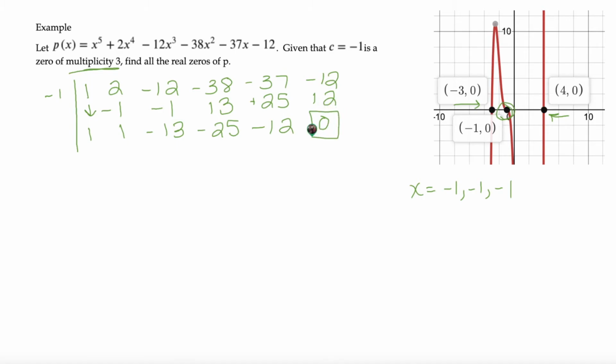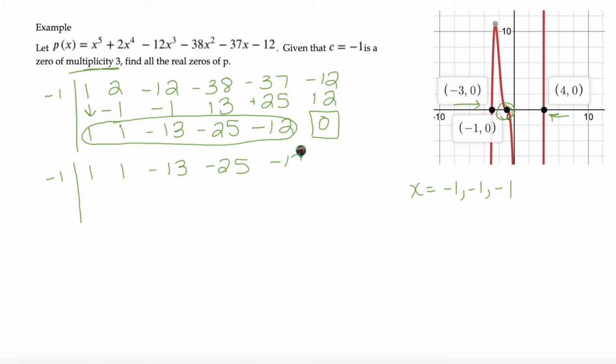Again, shouldn't surprise us. We know that it has a multiplicity of 3, so I can do this again. Using my reduced polynomial here, we can reduce it even further. Yes, I know we can visually see what they are, but just to get an idea. Always bring down the 1.